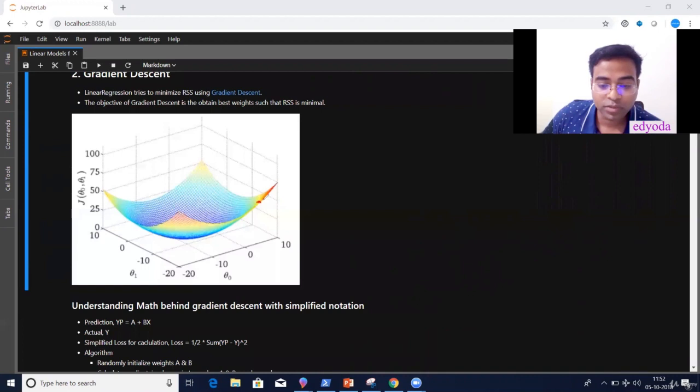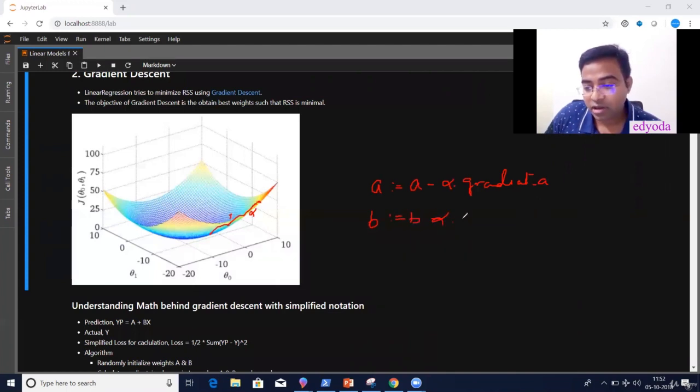You need to find the lowest point. You have a jump size here, this is also known as alpha, the learning rate. So your new A will be the previous A minus learning rate into the gradient of A. After you calculate gradient A, your new value of B will be B minus alpha times gradient of B.